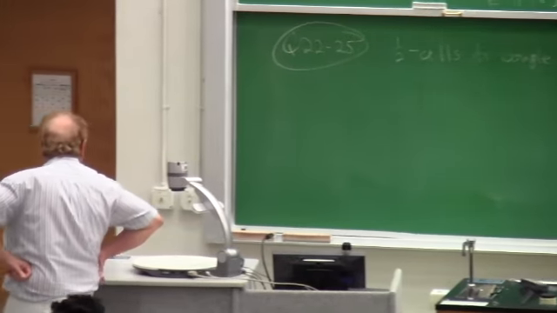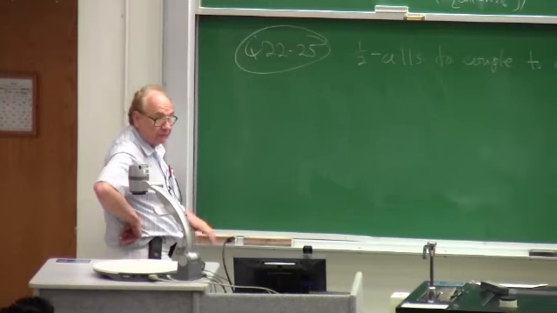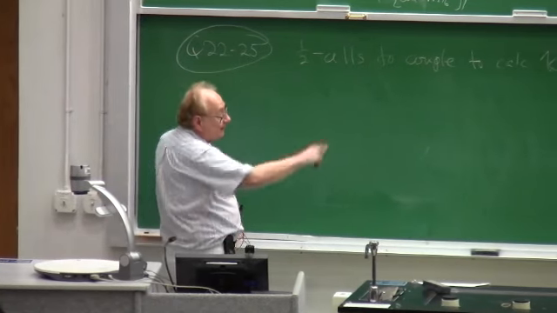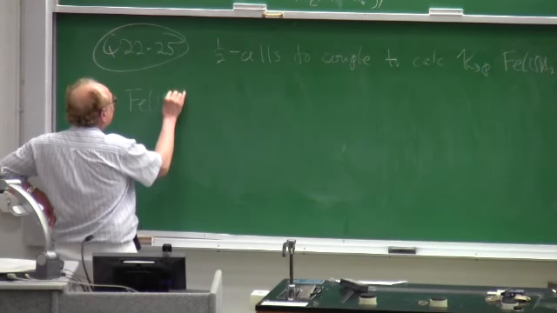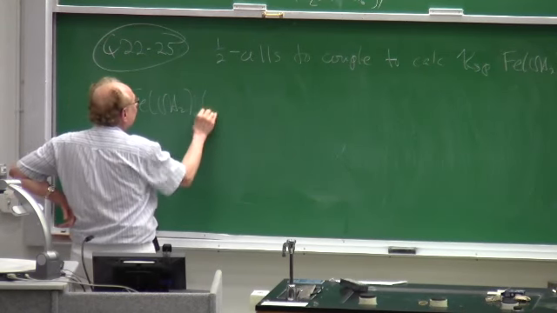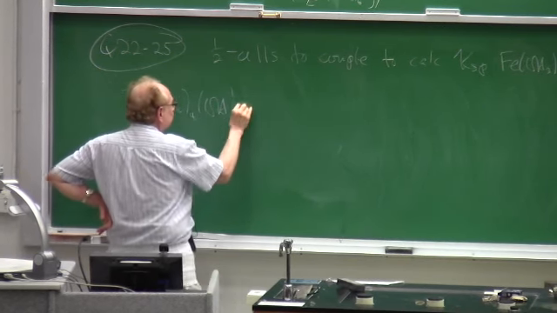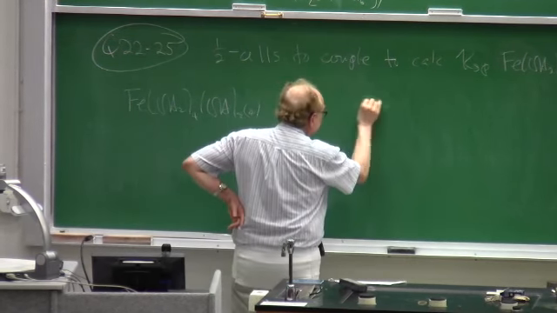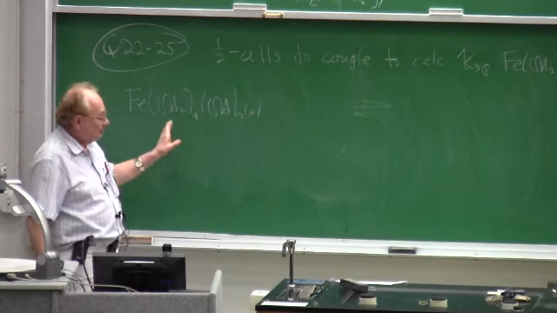Let's write it down, because if we write the correct reaction equation, we'll know what half cells to look for. There's the semi-soluble salt. What are the component ions of this stuff?